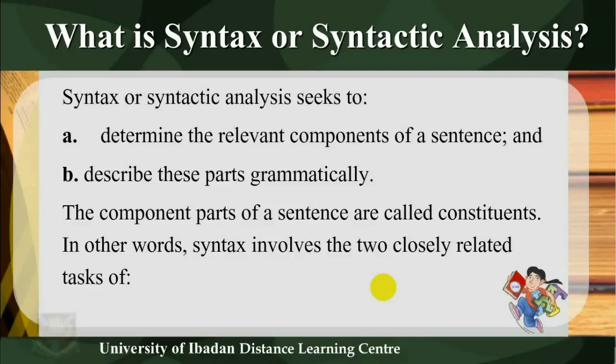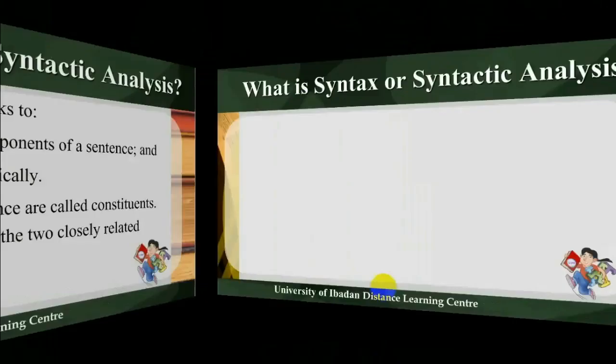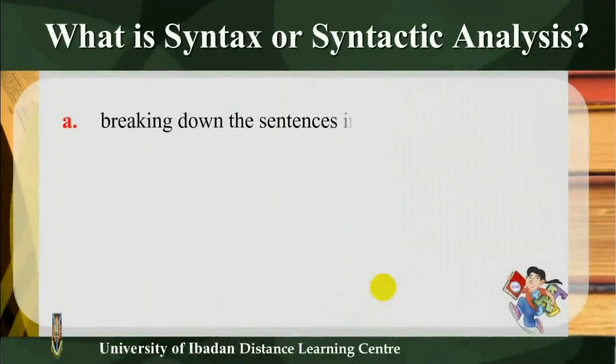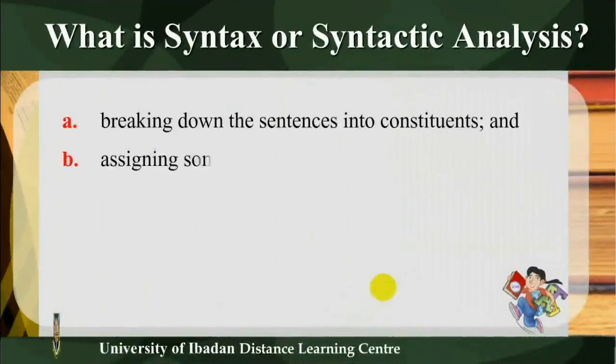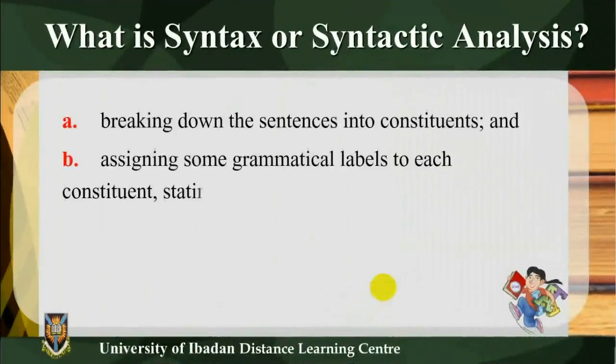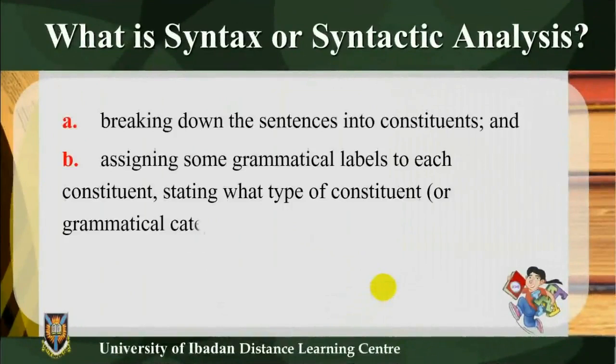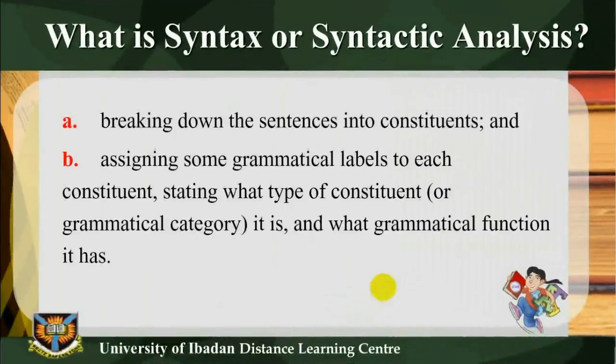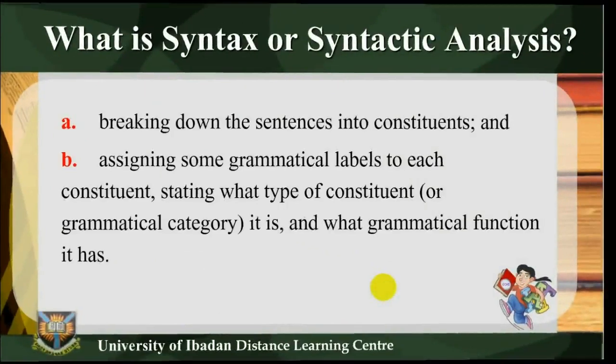syntax involves the two closely related tasks of A. Breaking down the sentences into constituents, and B. Assigning some grammatical labels to each constituent, stating what type of constituent or grammatical category it is and what grammatical function it has.